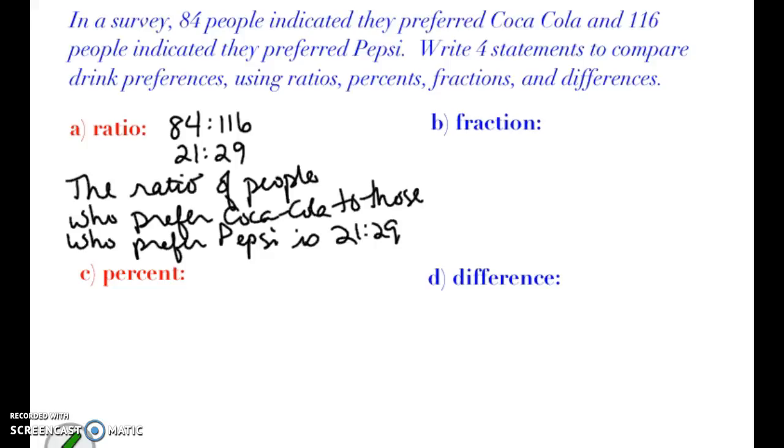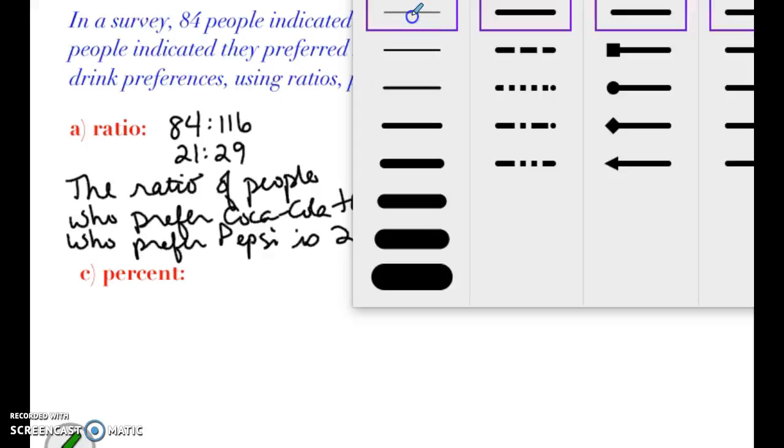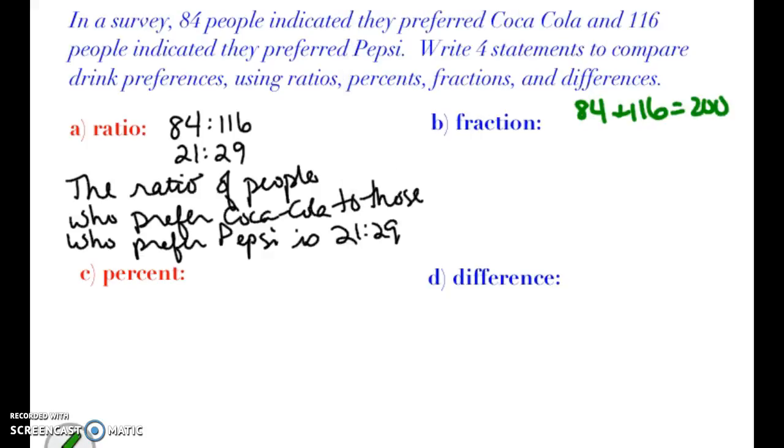Okay, if we do a fraction, again, you would have to figure out the total people. So there's 84 people that like Coke and 116 that like Pepsi. So that's 200 total people. And when you're doing the fraction, I might figure out 84 out of 200, and again, reduce that to 21/50ths.